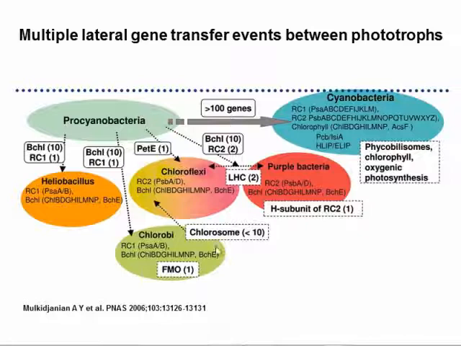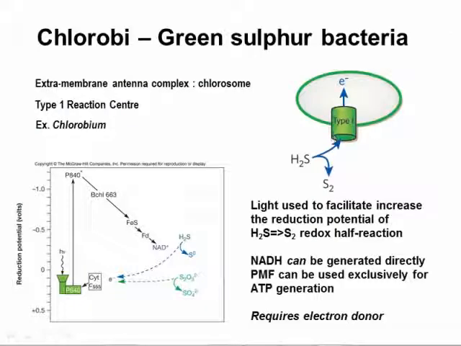So you have these different groups, Chloroflexi, Chlorobi, Heliobacillus, Proteobacteria, which are getting different bits of the photosynthetic apparatus, either photosystem 1 or photosystem 2. And only cyanobacteria have both of them. Okay. So I'm going to give you one example of photosynthetic bacteria with photosystem 1, one example of bacteria with photosystem 2, and then cyanobacteria.